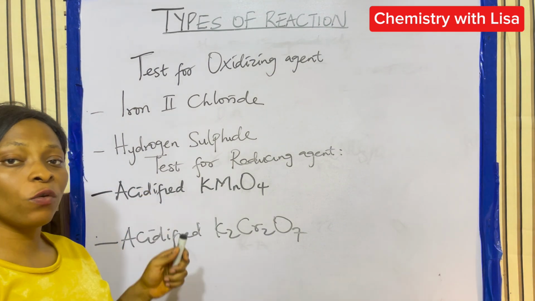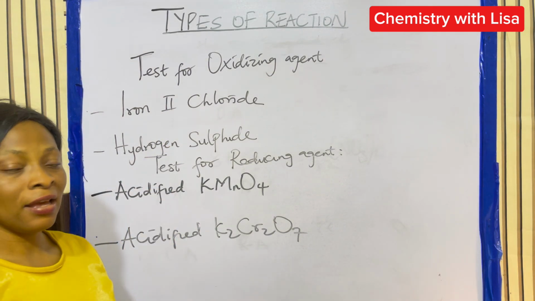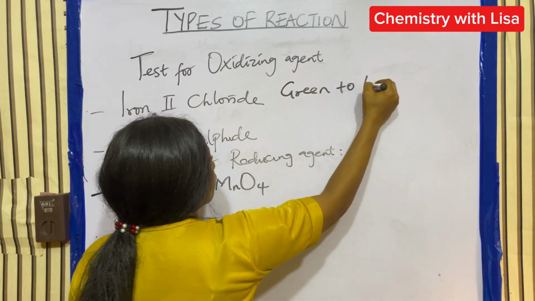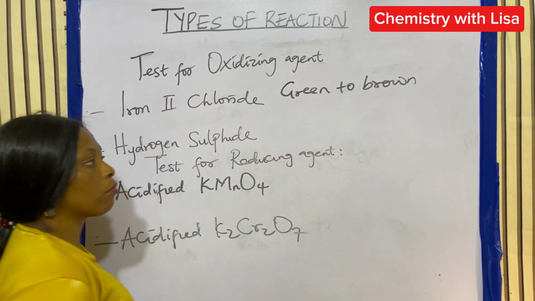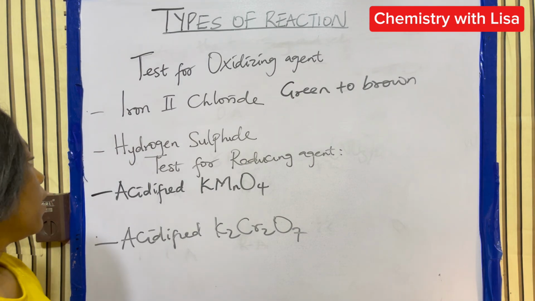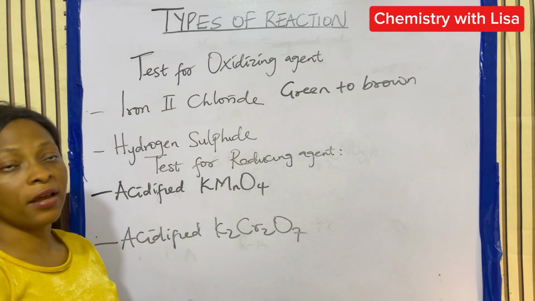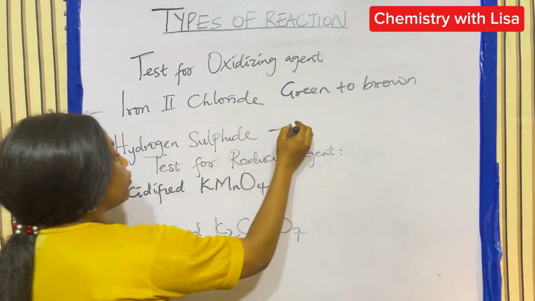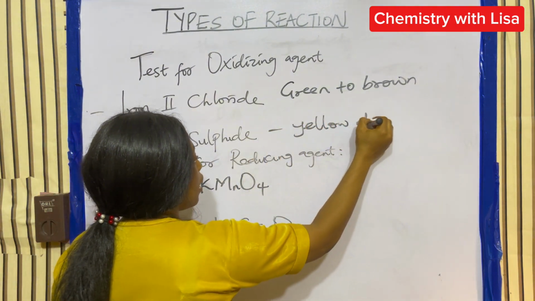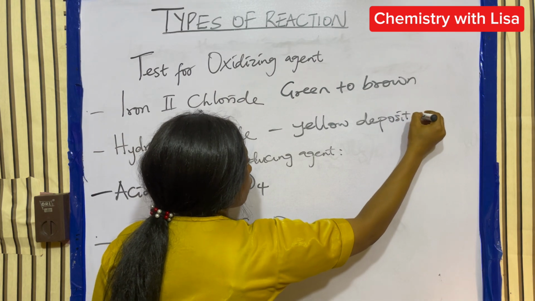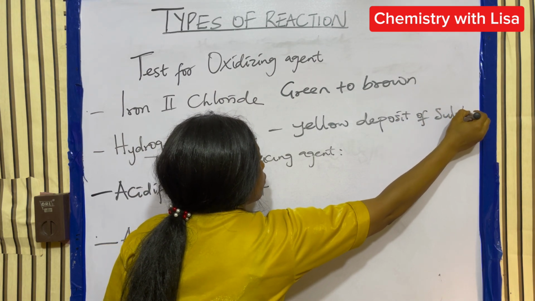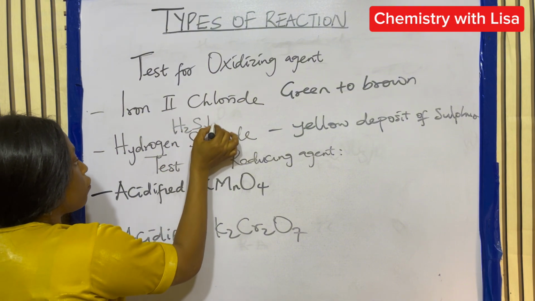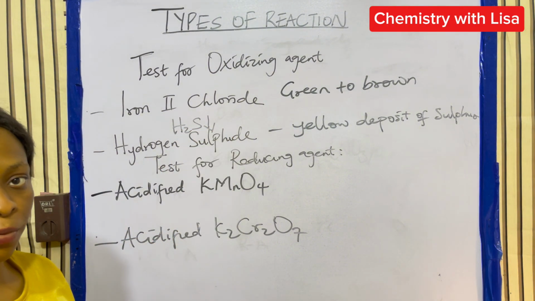When you use iron 2 chloride on an oxidizing agent, the color is going to change from green to brown. Then, when you use hydrogen sulfide on an oxidizing agent, it is going to give you a yellow deposit of sulfur, because sulfur is going to precipitate since it is insoluble.